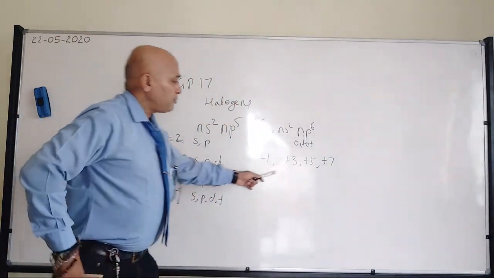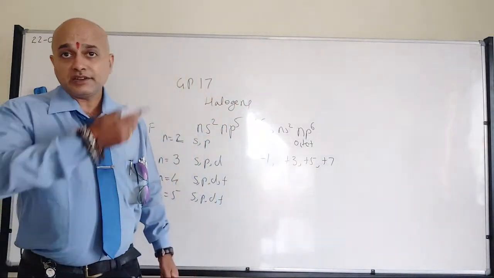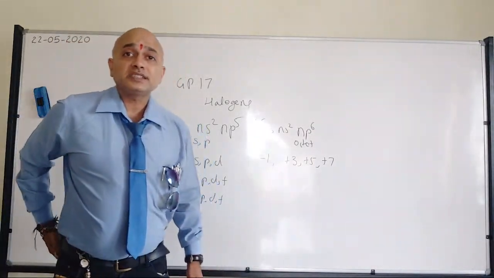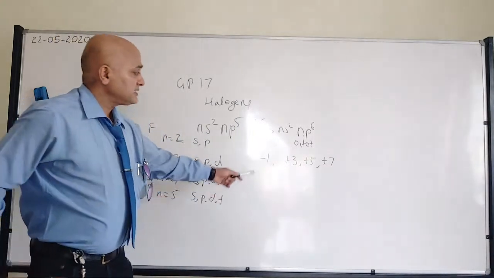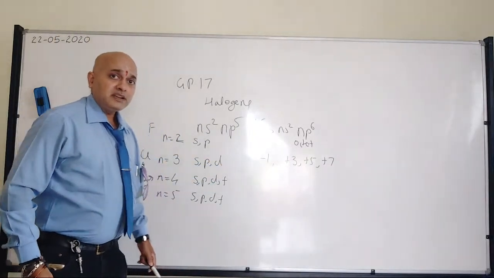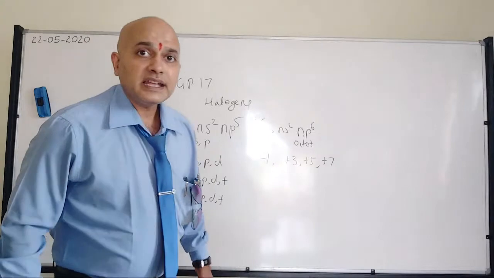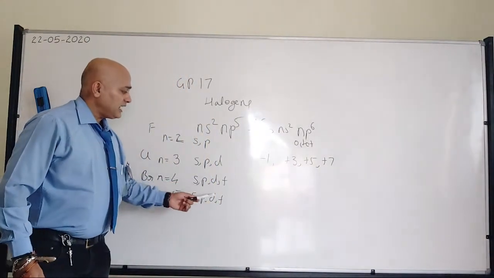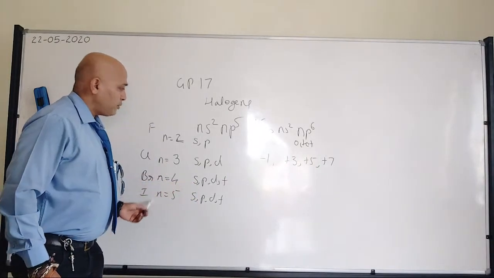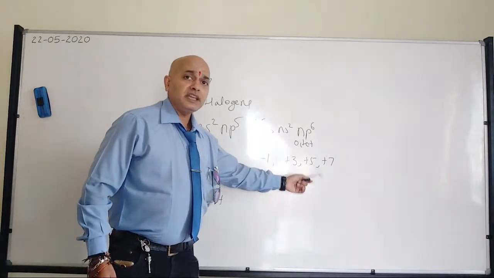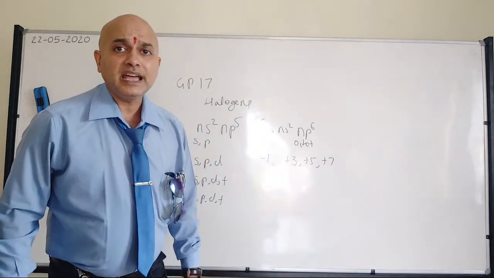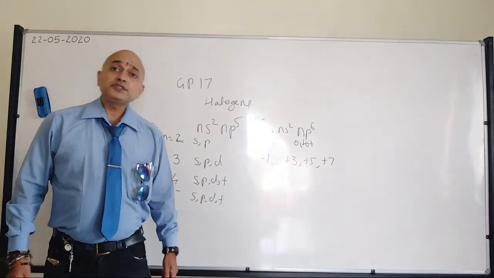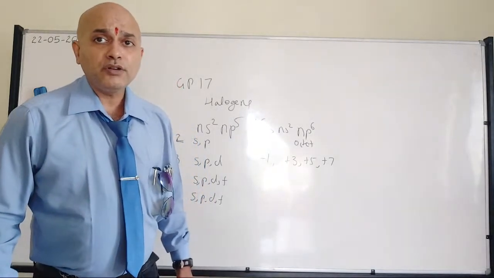But when I am talking about positive oxidation states, fluorine is not going to show a positive oxidation state. It will always show -1. But chlorine and the others can show positive oxidation states when they are bound to oxygen or fluorine, which are much more electronegative compared to these elements.